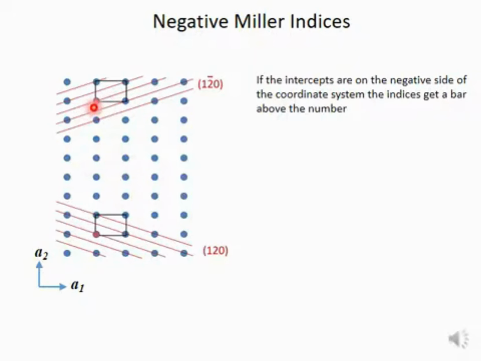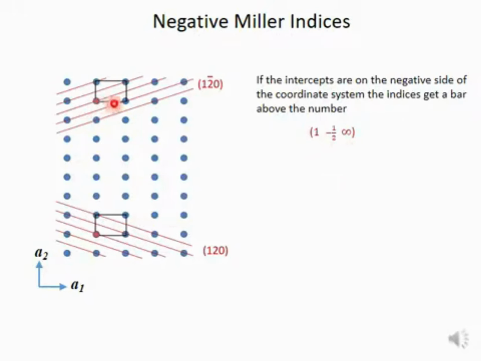Next, negative Miller indices. If the intercepts are on the negative side of the coordinate system, then the index gets a bar above the number. Here a1 is 1, and the second intercept is negative: from the origin, the plane cuts in the negative direction at minus 1/2.